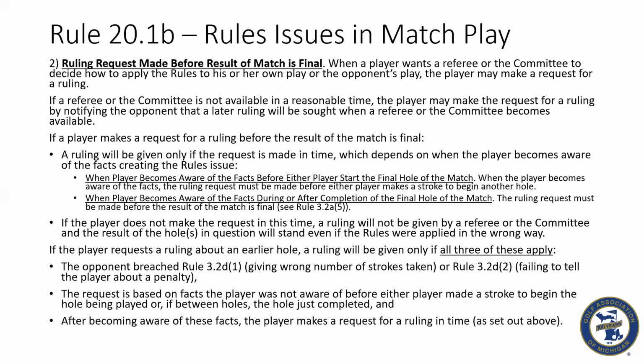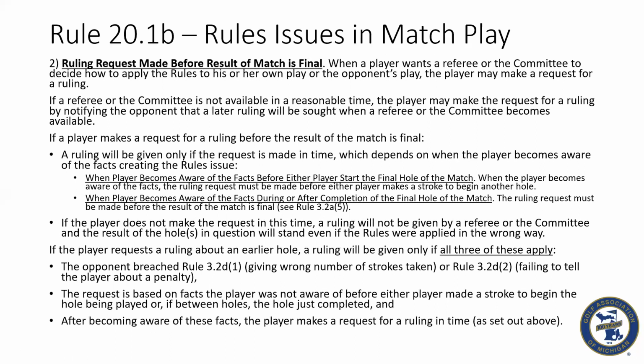If the player requests a ruling about an earlier hole, a ruling will only be given if all three of these things apply. The opponent breached Rule 3.2D, giving the wrong number of strokes or failing to tell the player about a penalty they incurred. The request is based on facts the player was not aware of before either player made a stroke to begin the hole being played, or, if between holes, the hole just completed.